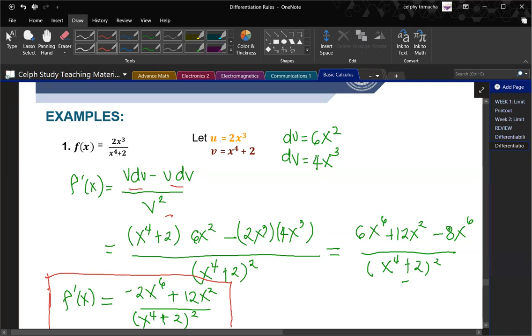So kay substitute lang man naton pangitaon mo ang U, or ang imong numerator set mo as U, yung mga denominator set mo as V. And then, derive mo lang kung mo ang DU, kung mo ang DV. And then, substitute na natin diretso sa aton nga equation. So, VDU minus UDV all over V squared.